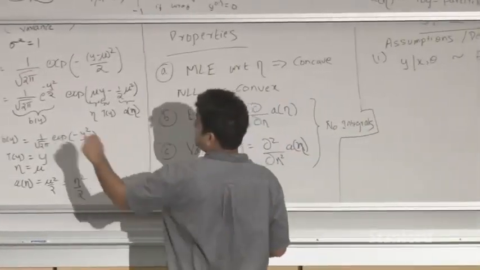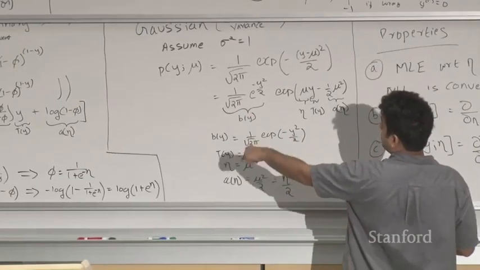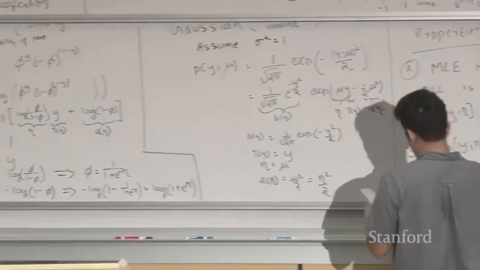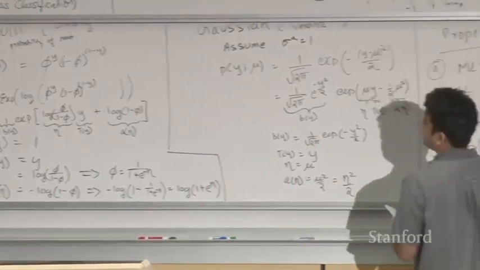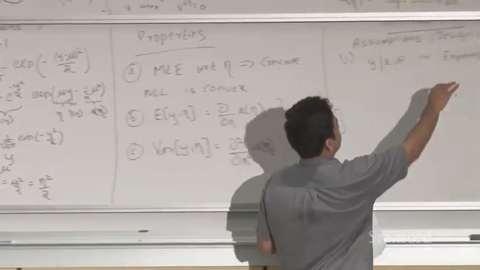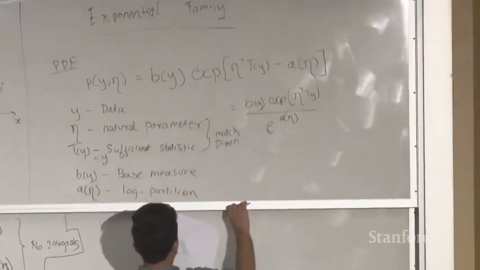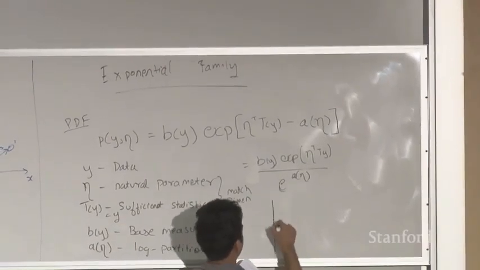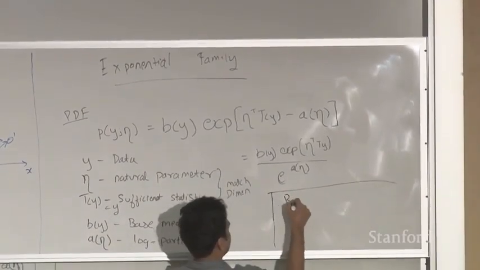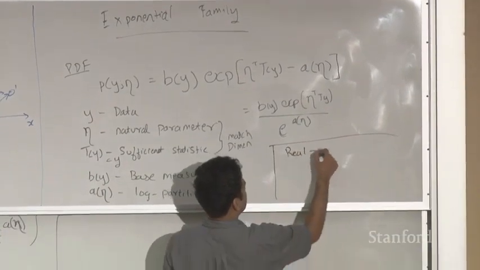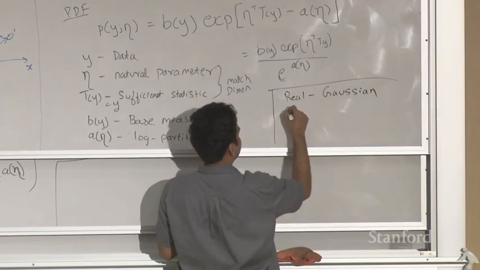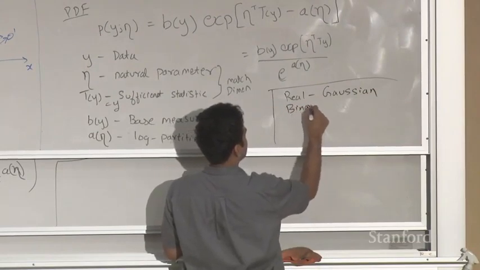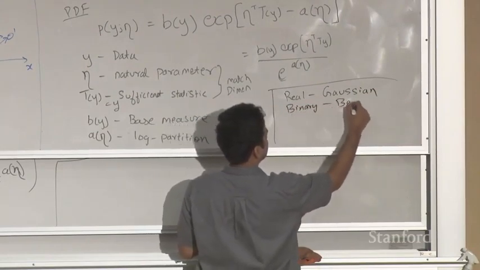We only talked about the Bernoulli and Gaussian. There are also other distributions that are part of the exponential family. For example, I forgot to mention this. If you have real valued data, you use a Gaussian. If you have binary, you have Bernoulli.